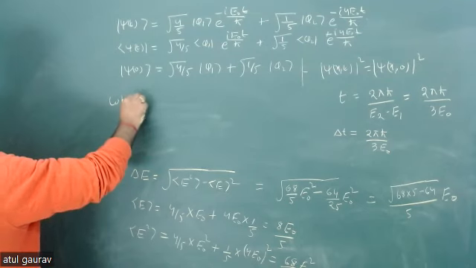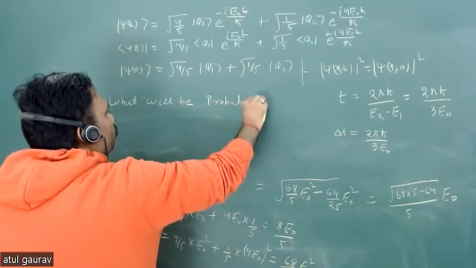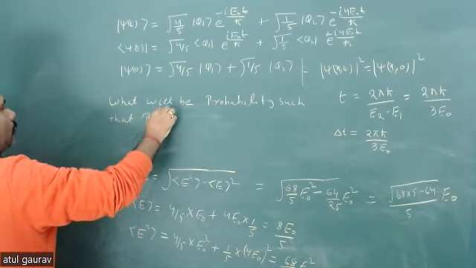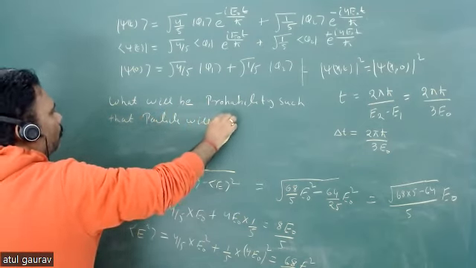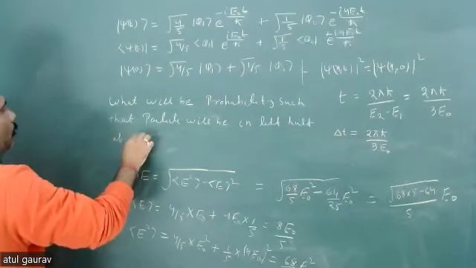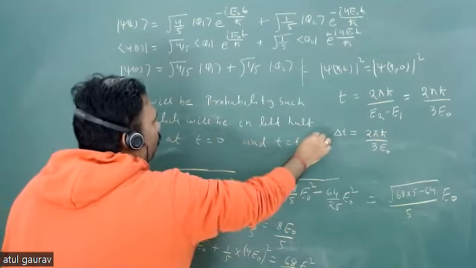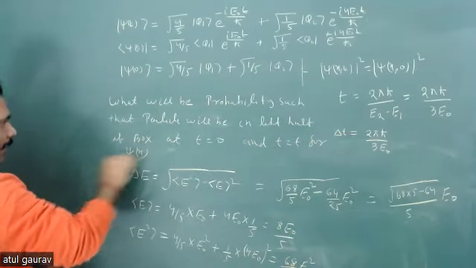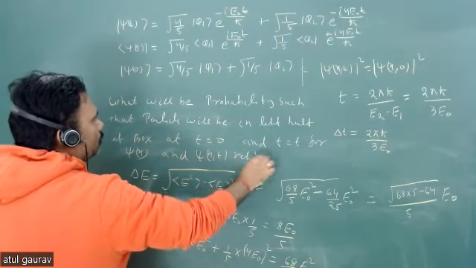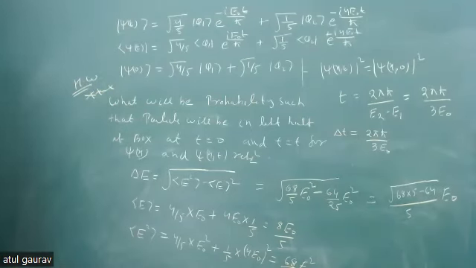What will be the probability such that the particle will be in the left half of the box at t is equal to 0 and t is equal to t for psi x and psi xt respectively. ये आपके एग्जाम का क्वेश्चन हो सकता है, होमवर्क, है ना? जस्ट मुझे करके दो इसे, ठीक है?